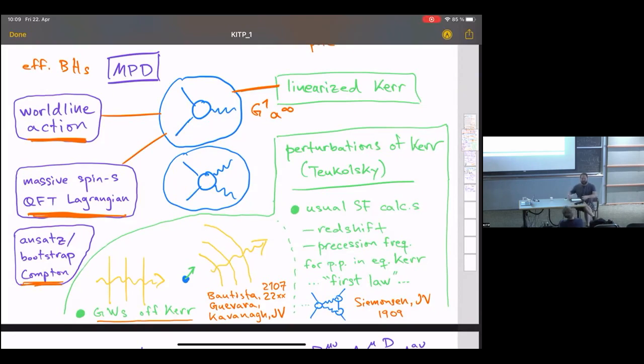We want to resum the whole thing, so anything that we can resum, let's do it. Like post-Minkowskian versus post-Newtonian. There is a very nice story about connecting any such effective descriptions, at the level of the 3-point amplitude, to the linearized stationary Kerr solution.